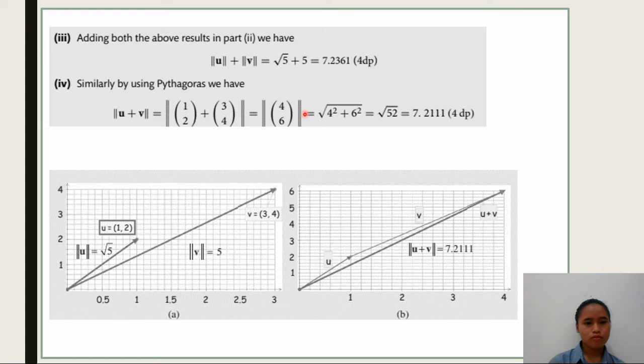And for the length of u plus v, we get this. So this is an application in Cartesian coordinates: the length of u, the length of v, and the length of u plus v.